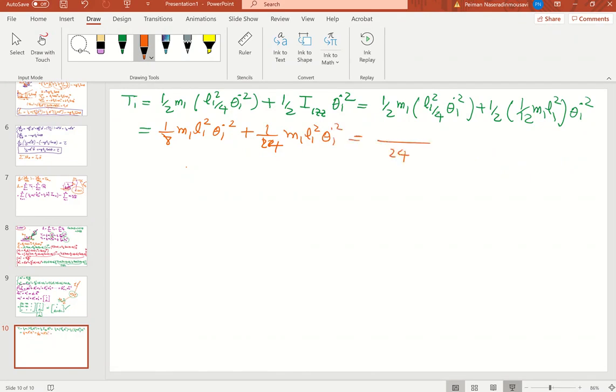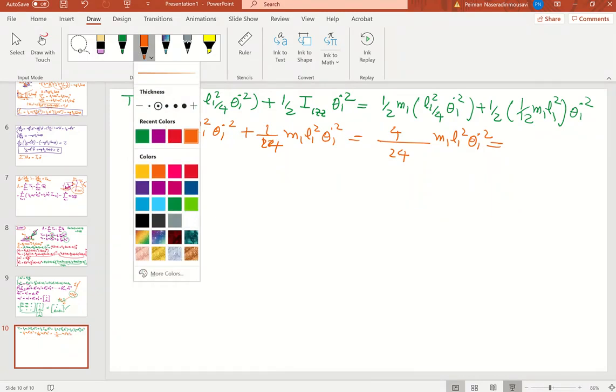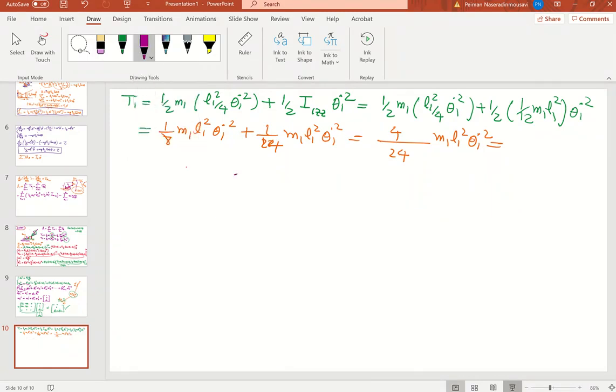So the kinetic energy of the first link is going to be 1 over 6 M1 L1 square theta dot 1 square, as we expected.